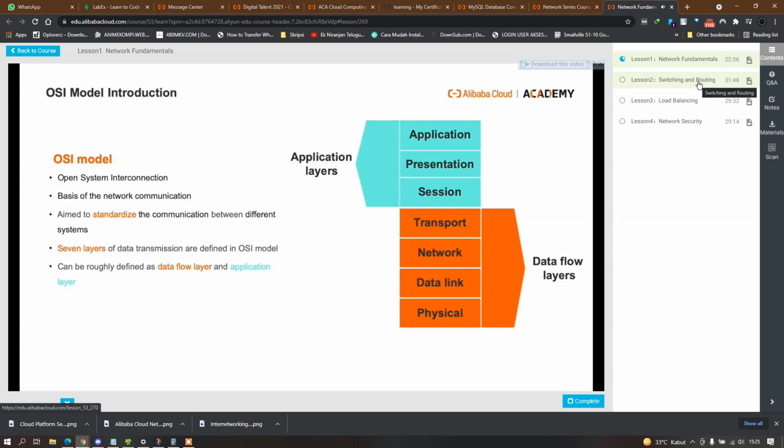These 4 layers belong to the data flow layers. The upper layers are the application layers, which include the session layer, the presentation layer, and the application layer. Next, we will look at the details of each layer. Okay, so we come to the next page.